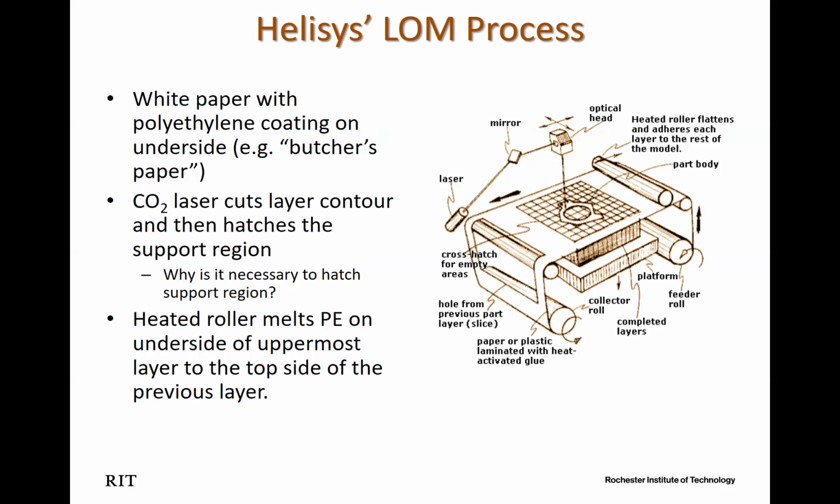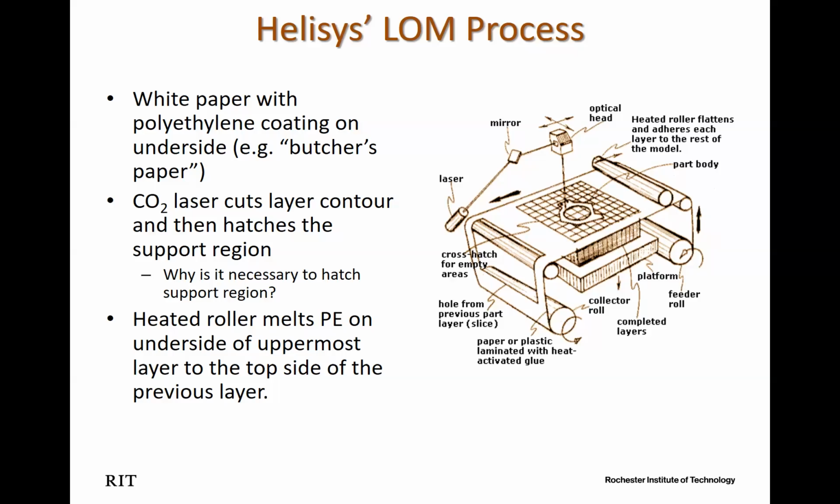The material used here is white paper with polyethylene coated on the underside. There is a carbon dioxide laser that cuts the contour and then hatches the support regions, right?